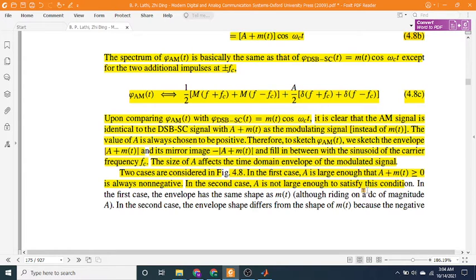In the first case, the envelope has the same shape as m(t), although riding on a direct current of magnitude A. In the second case, the envelope shape differs from the shape of m(t), because the negative part of A + m(t) is rectified.